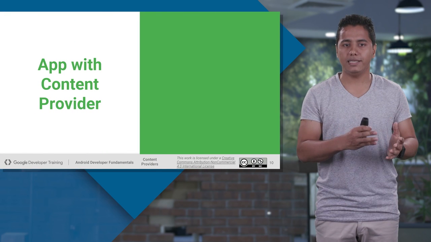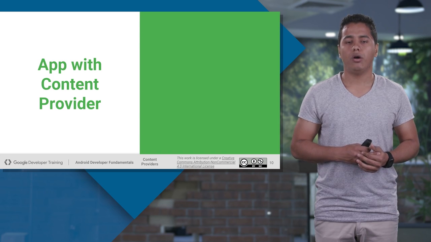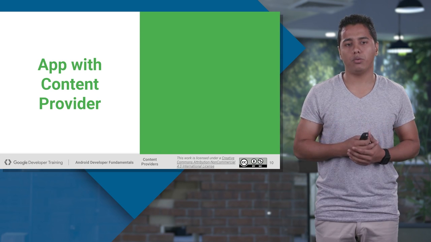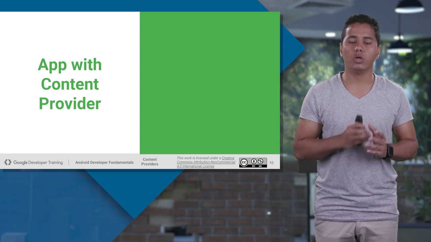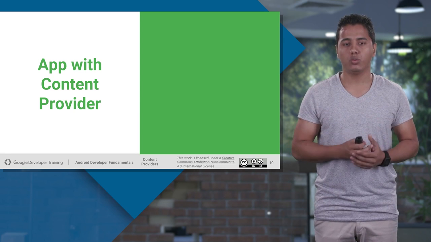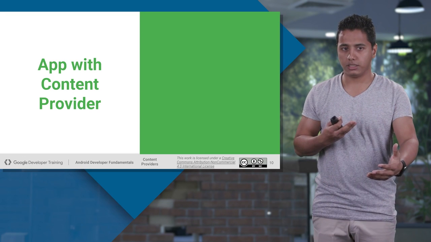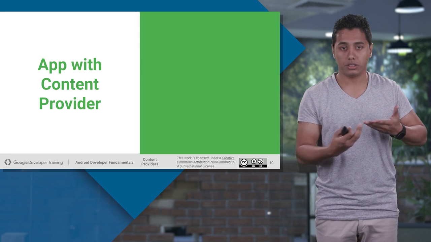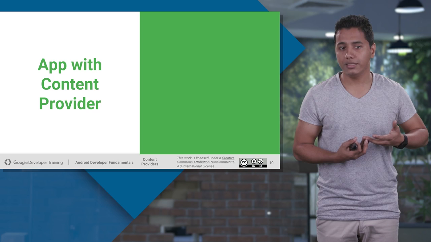So now before we discuss building an app with Content Provider, let's take an example of an application which uses the Content Provider of another application. For example, WhatsApp. Whenever you install WhatsApp on your device, automatically all the contacts from your contact application come to your WhatsApp, whosoever is using WhatsApp, of course. How exactly is it doing that?